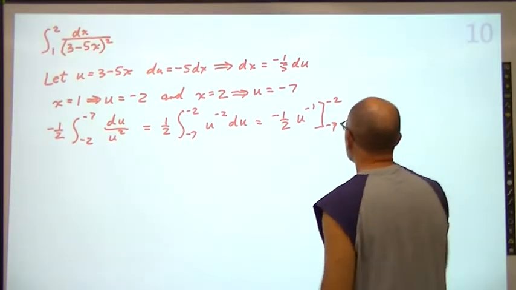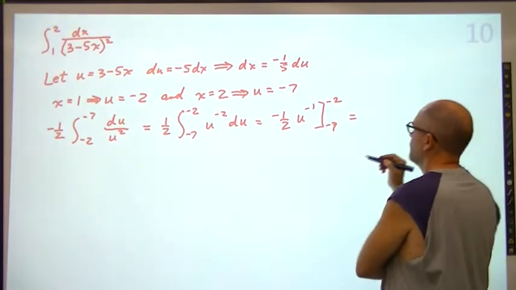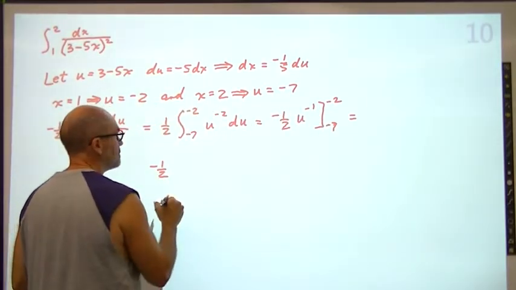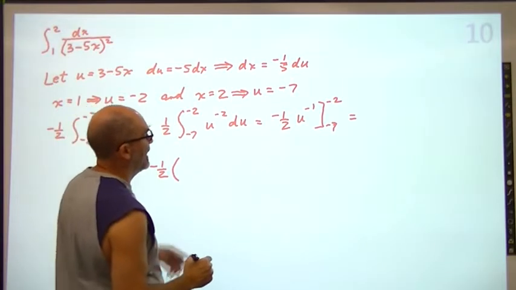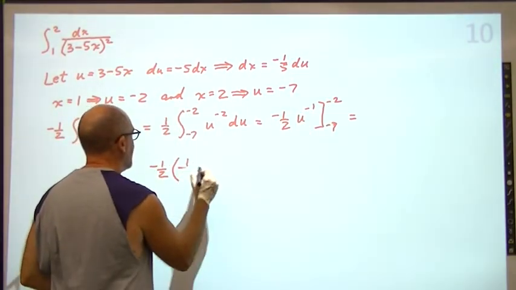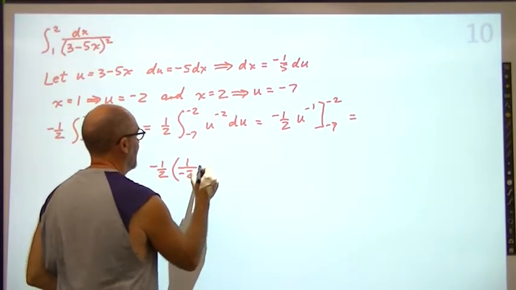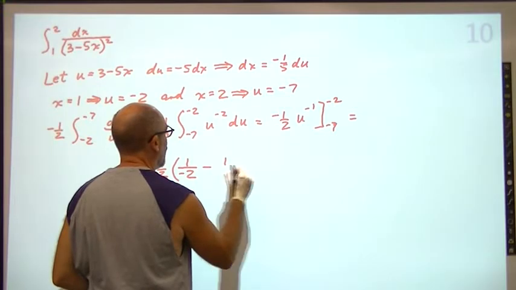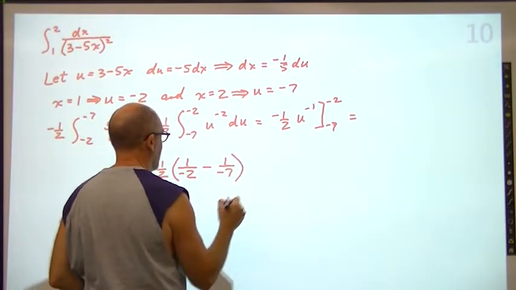So this equals, yeah, let's just do it like this. It's going to be -1/2 times the quantity. Now I put in my -2 first, so it's 1 over -2 minus, put in my -7, so 1 over -7.